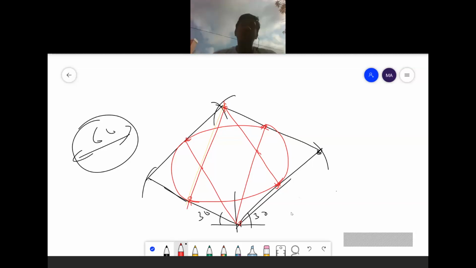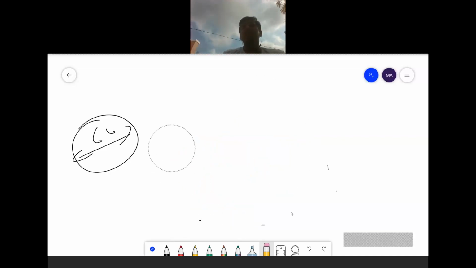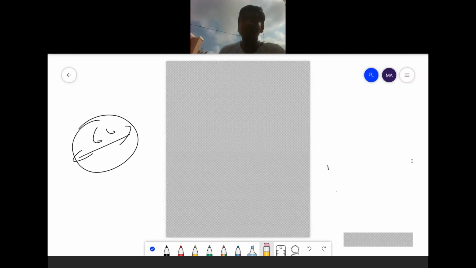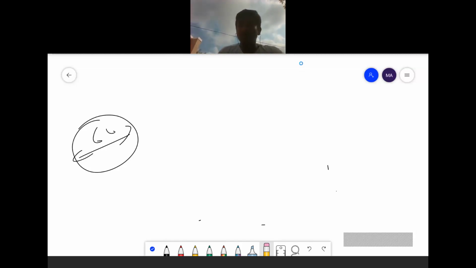Understand? I will explain once again. Just listen carefully. Here we are drawing the circle using the 4-center method.